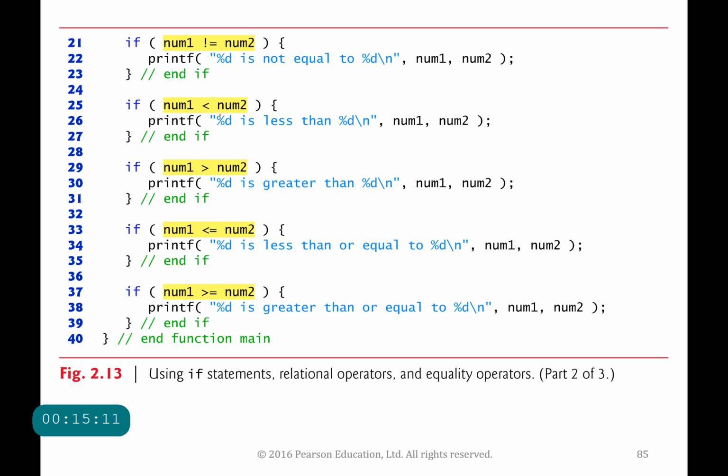If 2 is less than 3, which it is, then this statement will also be printed. If not, it won't. But in this case, it will be printed because num1 is 2 and num2 is 3. So yes, it will be printed. This statement, num1 is greater than num2, is false. It will not be printed, and so on for the other statements in the program as well.